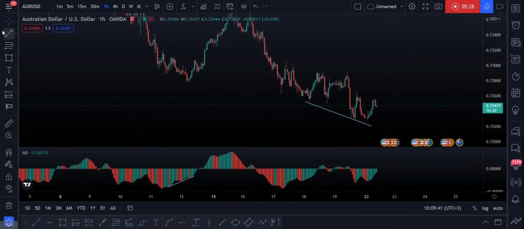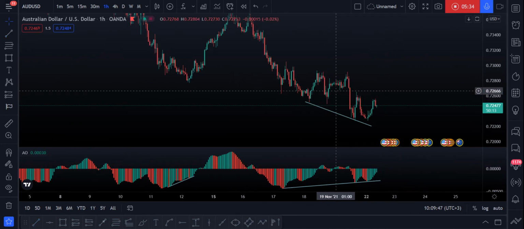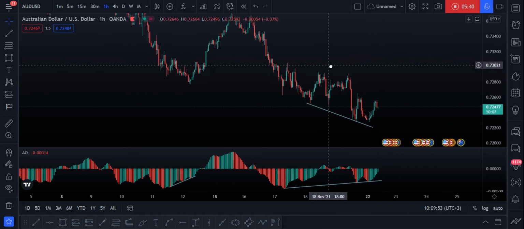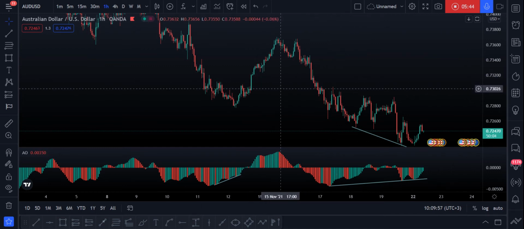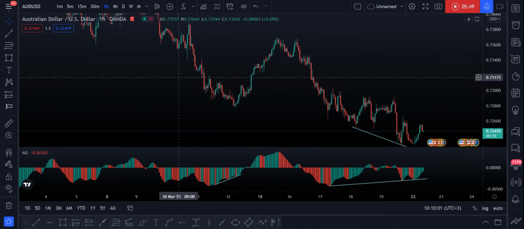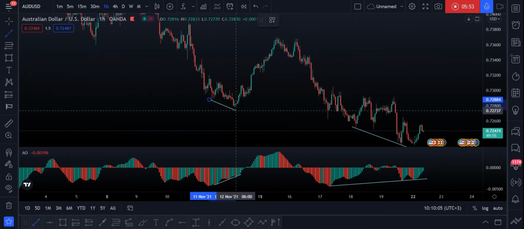As soon as price breaks this swing high, we can look for a trade here. On the last working trade here, we didn't get divergence, this was convergence, but here we got divergence. So this was the last trade on AUD/USD.